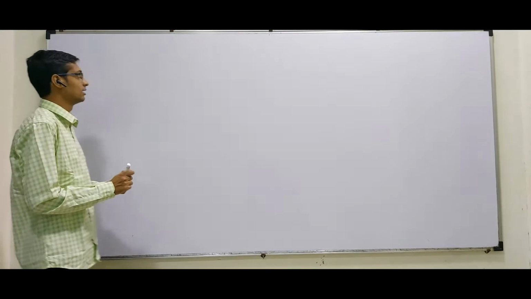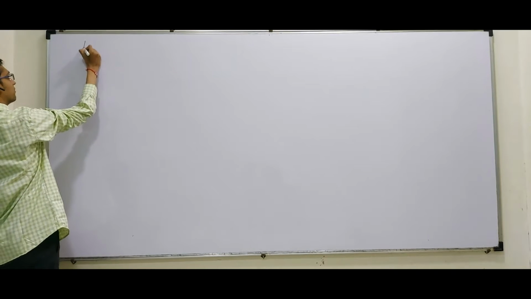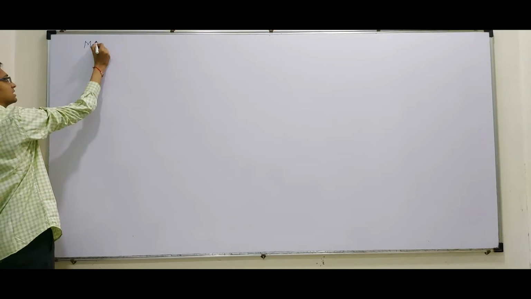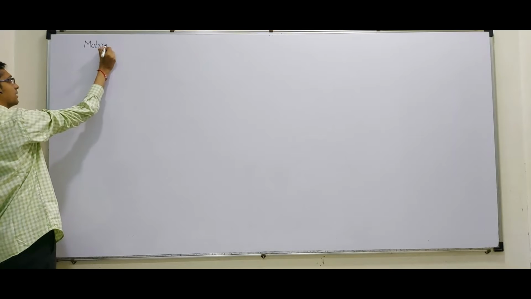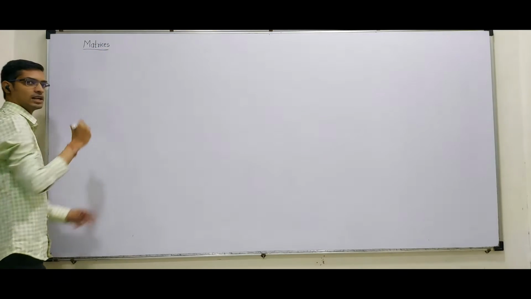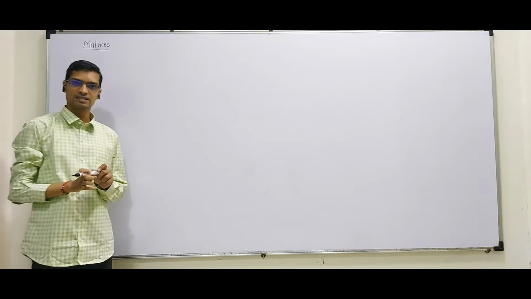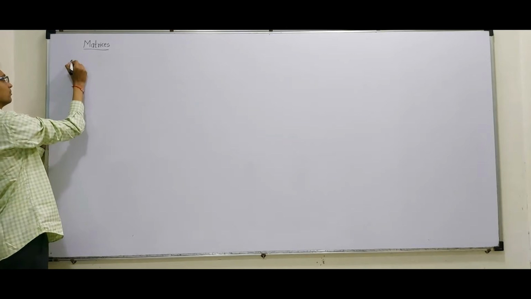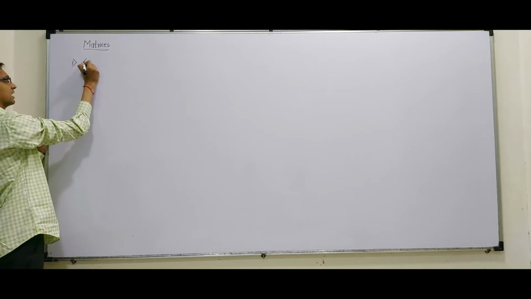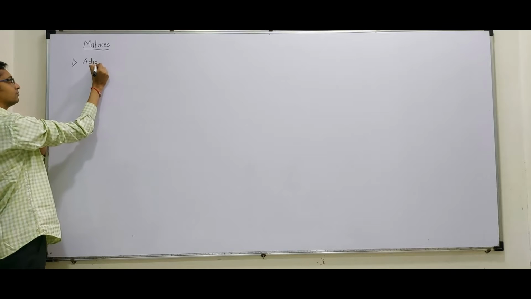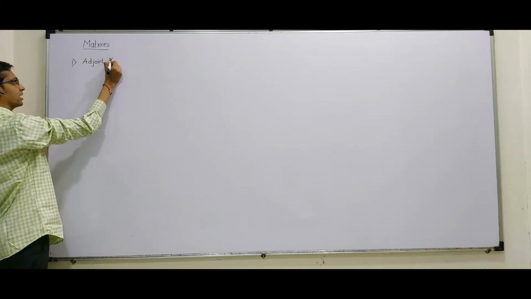Very good morning, children. Today we'll start with matrices. Now the basic operations and types of matrices you have studied last year. This year we have only a small part of matrices. That is, we need to learn the adjoint method.